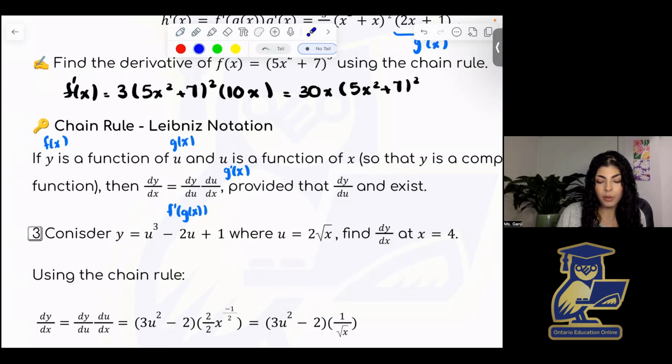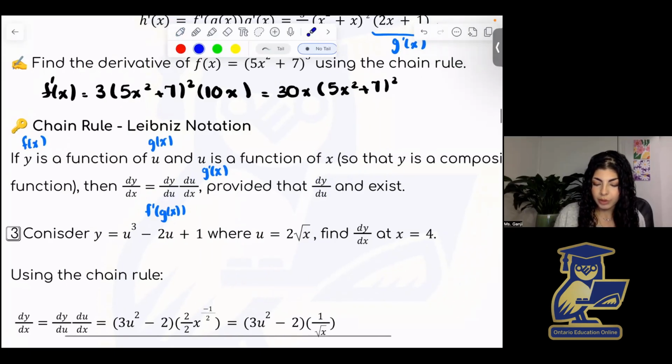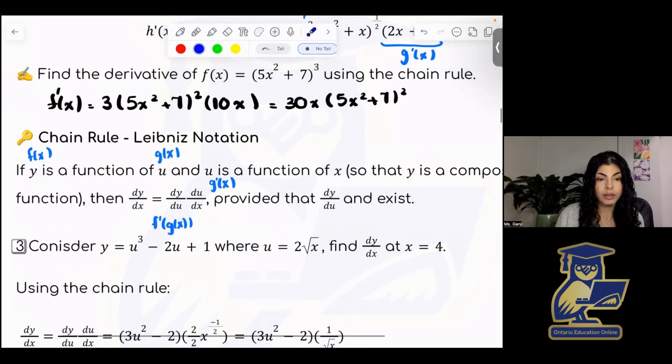And this is only true provided that this derivative itself exists. Oh, sorry, I'll add this, both of these derivatives need to exist, right? Same with our Lagrange notation. We need both g prime of x to exist and f prime of g of x to exist as well.